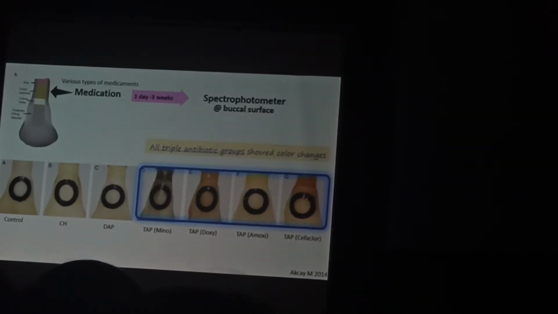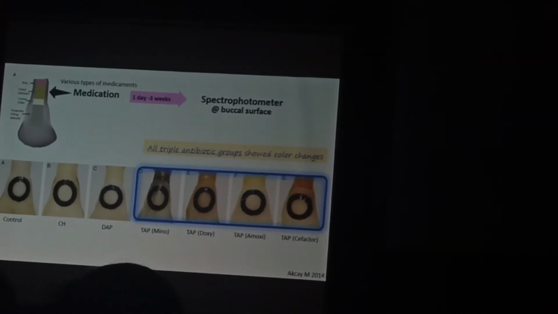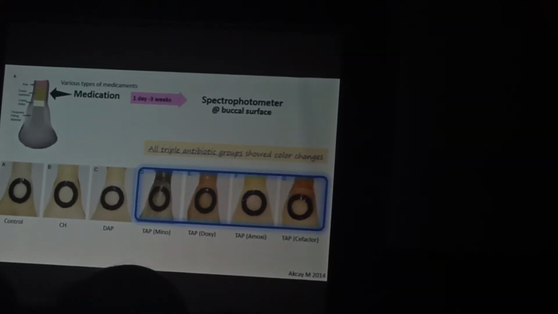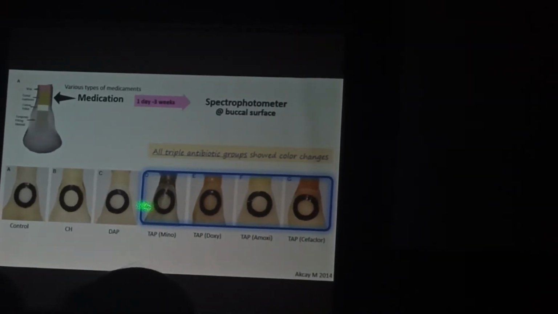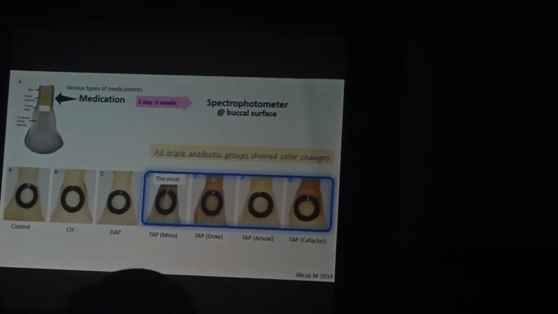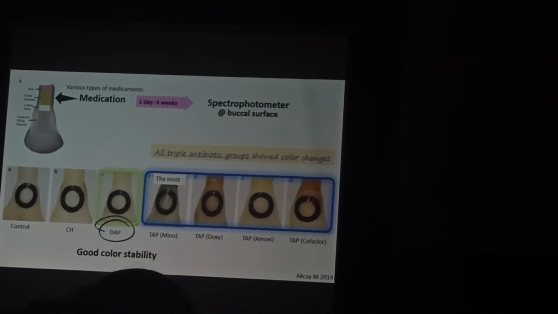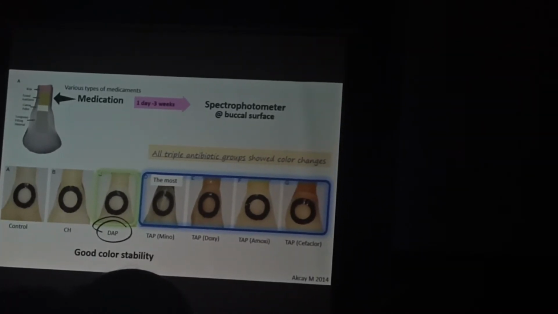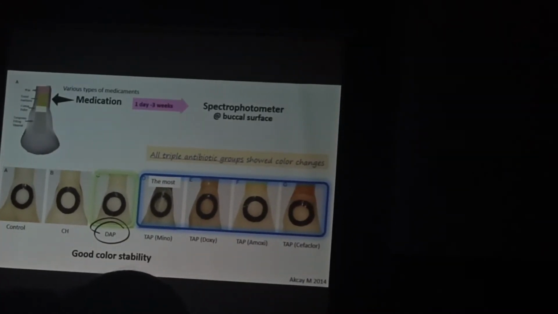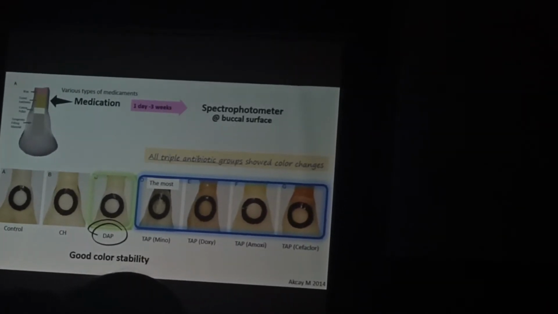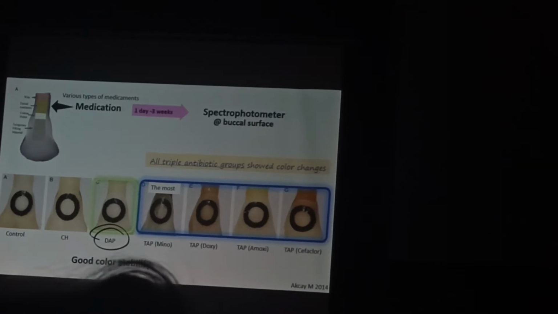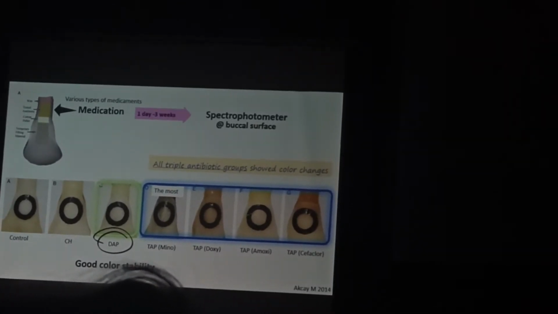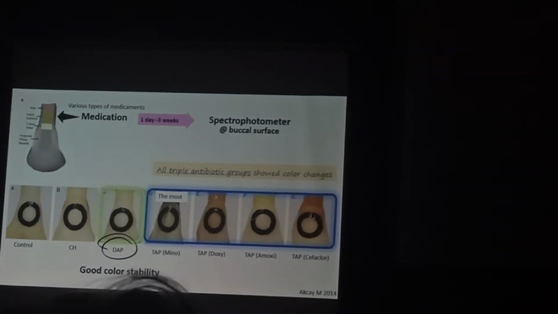We found that all triple antibiotic groups showed color changes, but the most change was found in the minocycline group. However, double antibiotics, meaning without minocycline, give good color stability. So it may be another option to use in this kind of case.